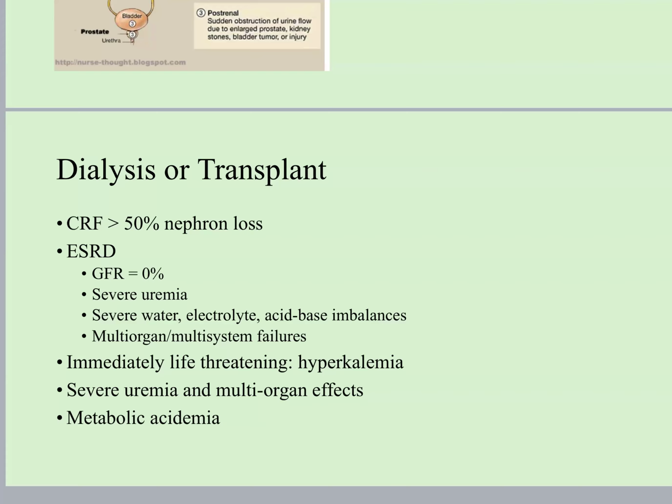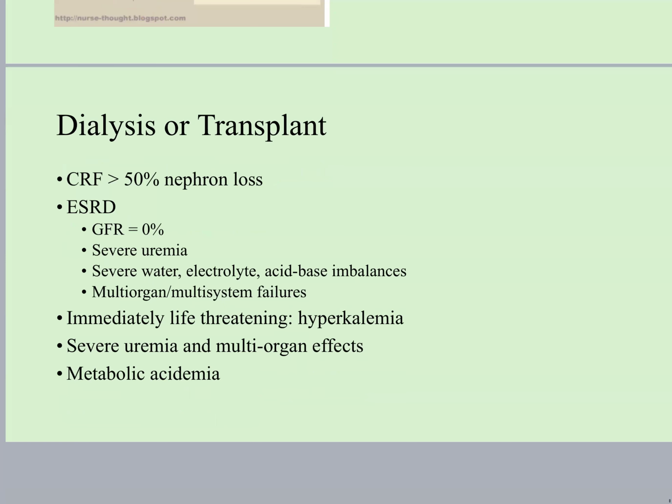When somebody gets to this point, uremia is very severe. They're essentially walking around poisoned constantly, and it causes metabolic acidosis. Earlier in the semester, we talked about respiratory acidosis, when carbon dioxide builds up in the body. Renal failure can cause metabolic acidosis.